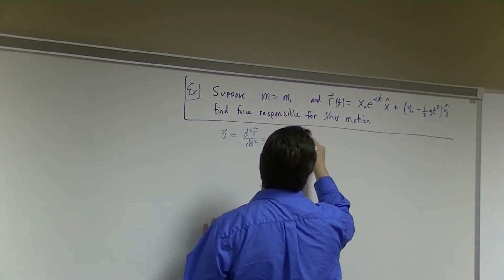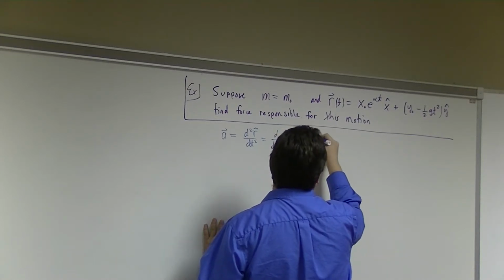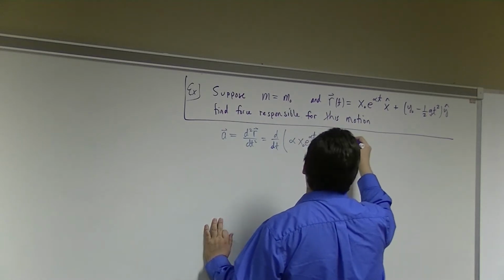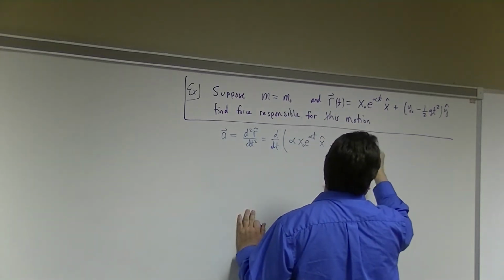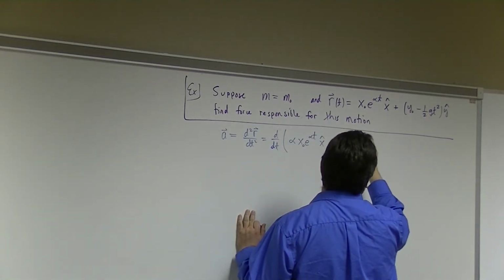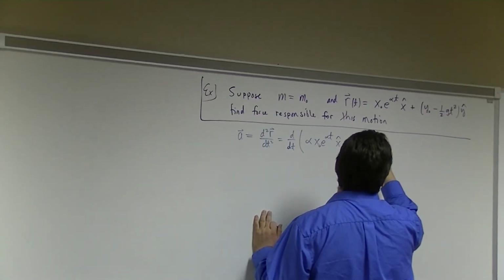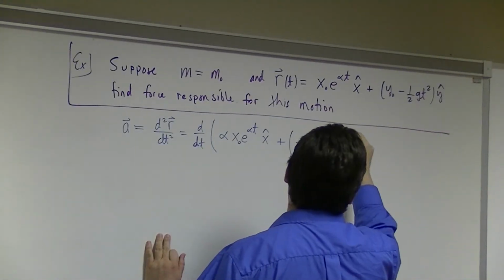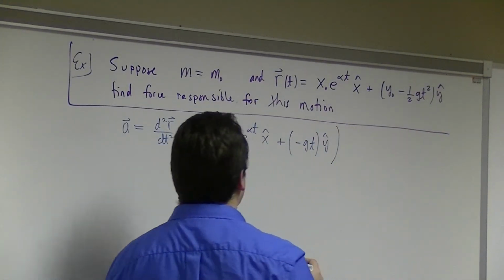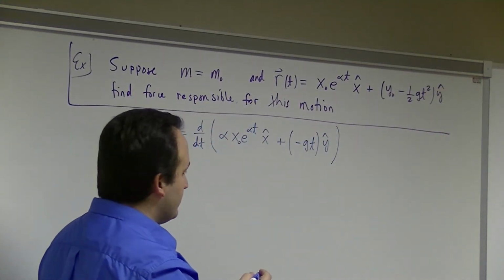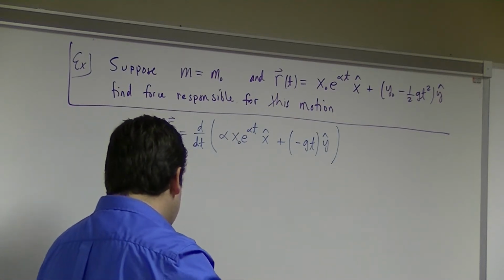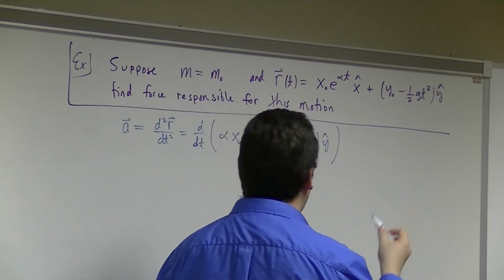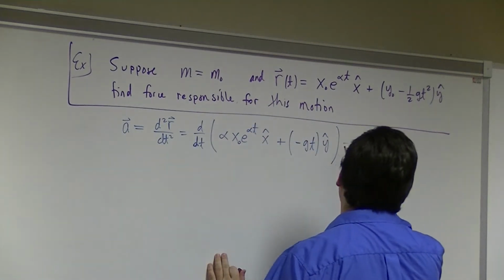It's alpha x naught e to the alpha t x hat, plus parentheses, derivative of y naught is 0, right? So I get myself a minus g t y hat.